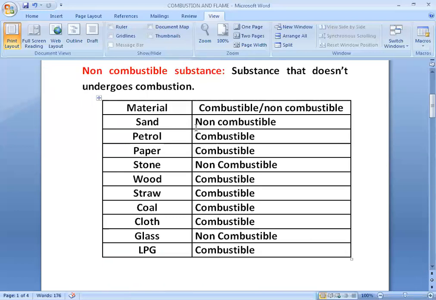Sand is non-combustible, it does not get burned. Petrol is combustible. Paper also gets burned easily to produce heat and light.